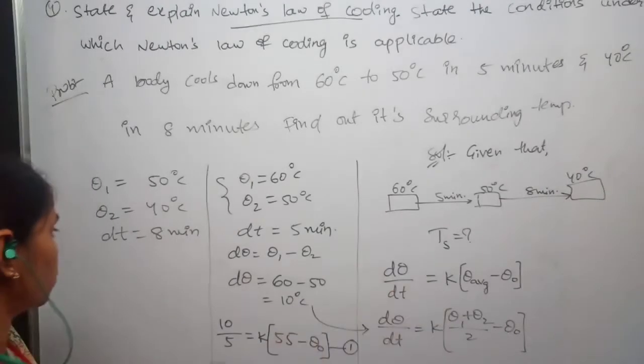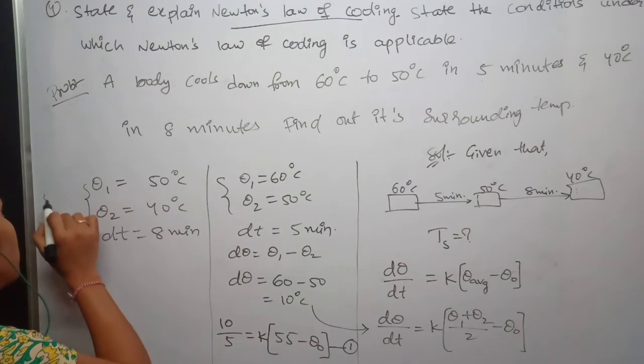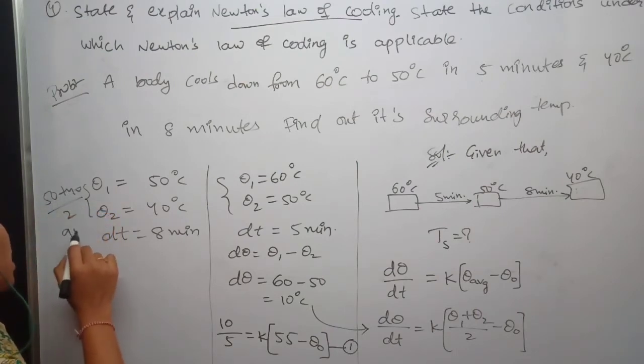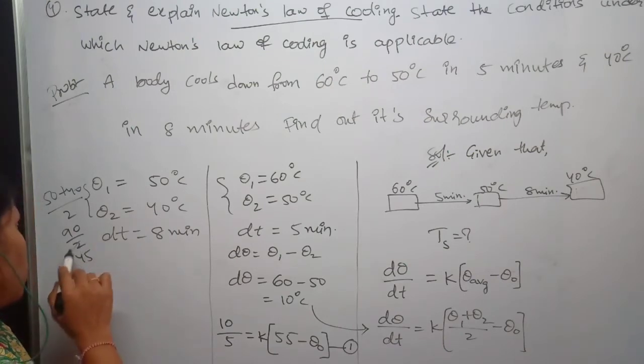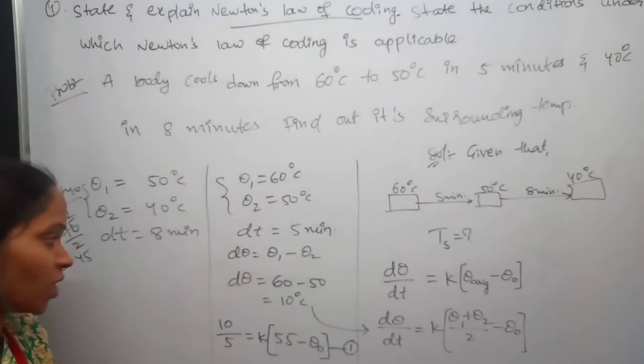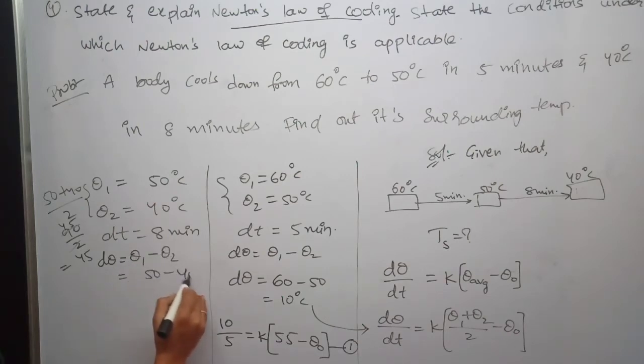Now substitute in this equation. First, we have to find the average of these two, that is 50 plus 40 by 2. 50 plus 40 is 90 by 2, which is 45, right? And the change of temperature, d theta, is theta 1 minus theta 2, which is 50 minus 40, which is 10 degrees Celsius.